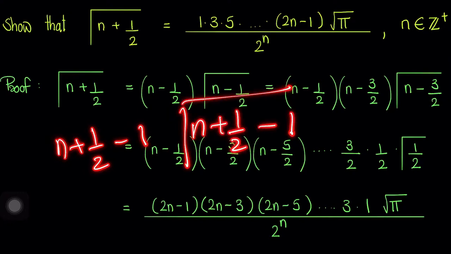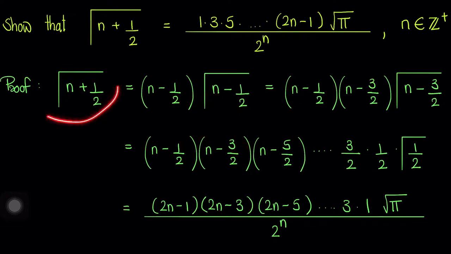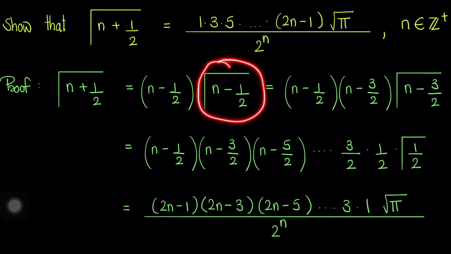Now n plus 1 by 2 minus 1 is n minus 1 by 2. So this can be written as n minus 1 by 2 times gamma of n minus 1 by 2. Now again, if you use that same formula here for gamma n minus 1 by 2, this can be written as n minus 3 by 2 times gamma n minus 3 by 2.